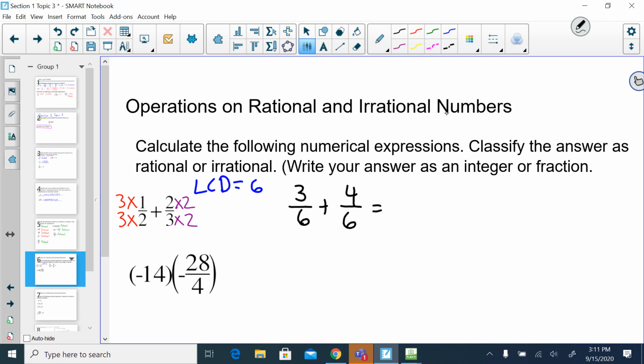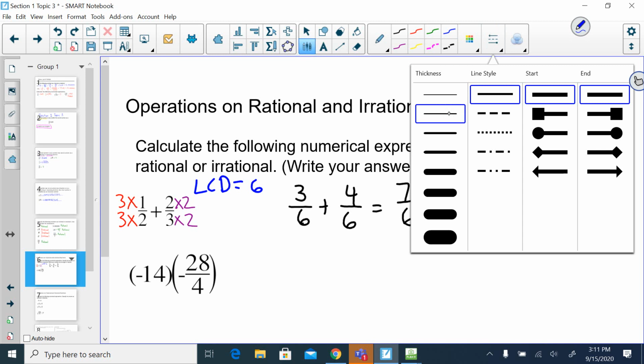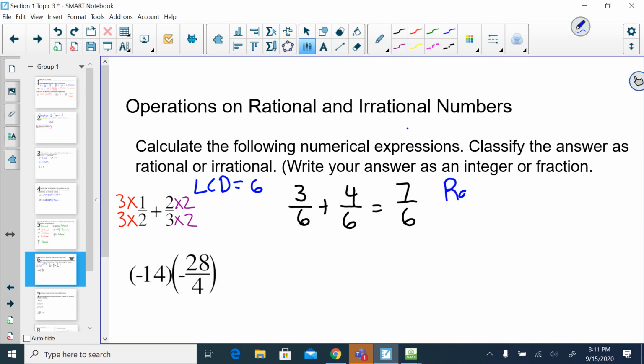So, what is 3 plus 4? That's going to be 7 over 6. You have a fraction, and the fraction has integers on both the numerator and the denominator, so we classify this as a rational number.